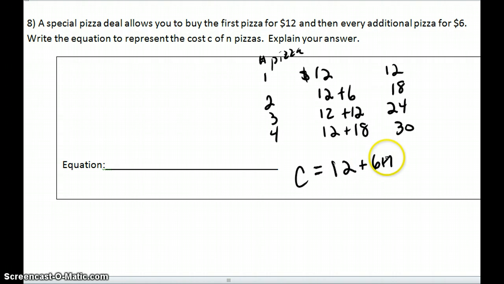If we plug 1 in for n, we get 6 plus 12, which is 18. So we're 6 too many. And again, if we do 2, we get 12 plus 12, which is 24. We're 6 too many. So I'm just going to try subtracting 6. Combining our like terms. And if we try this for each of them, it does in fact work.